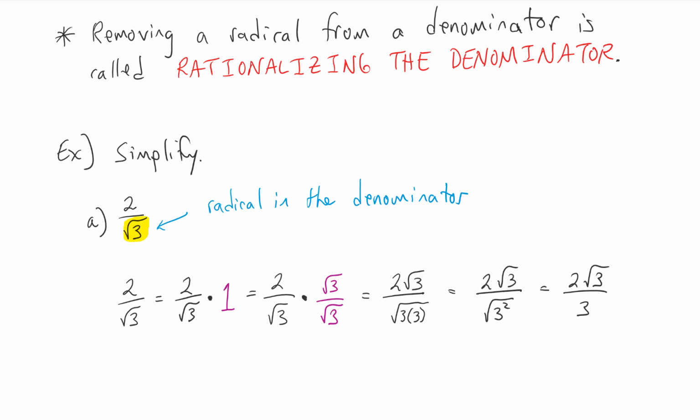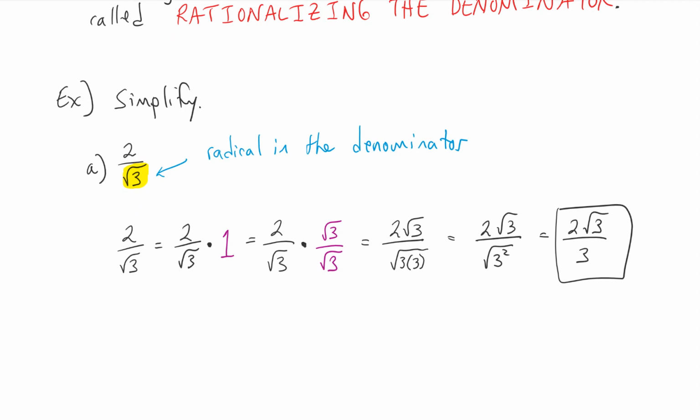But we know that the principal square root of 3 squared is just 3. So remember, 3 times 3 is 9, so the principal square root of 9 is just 3. So by taking the original number times the square root of 3 over the square root of 3, we, at the end, ended up with a fraction that had no radical in the denominator.